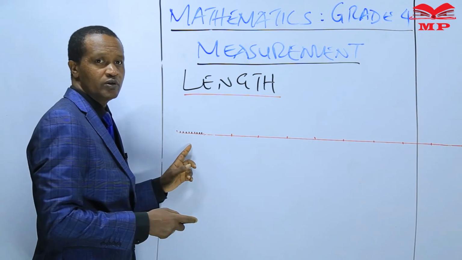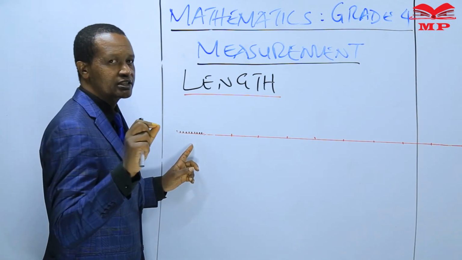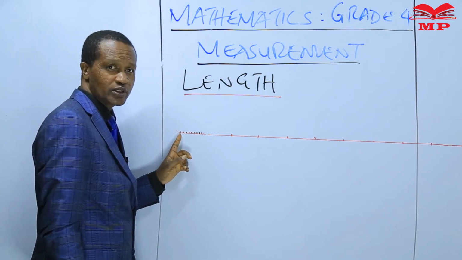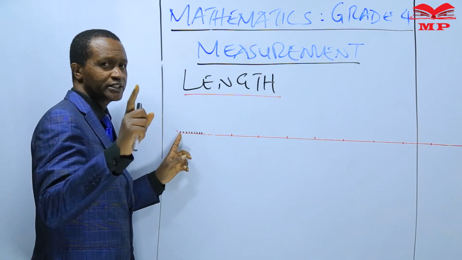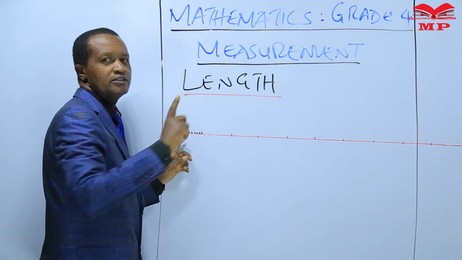Now, learners, one of the smallest parts, for example, this one here, is called a centimeter.